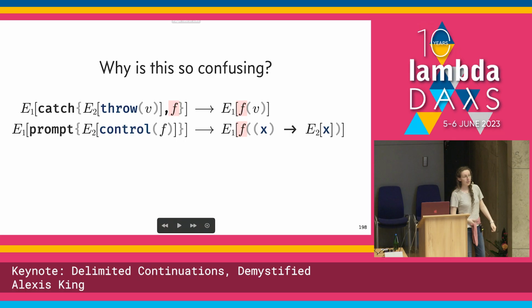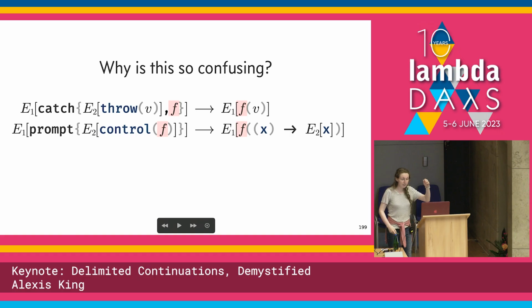For throw and catch, that function appears in the catch. But in prompt and control, it's an argument to control. So essentially it's like if when you handled an exception, the exception handler was specified at the point where you throw the exception, not where you catch the exception, which I think is not very useful, personally. I don't know about you.